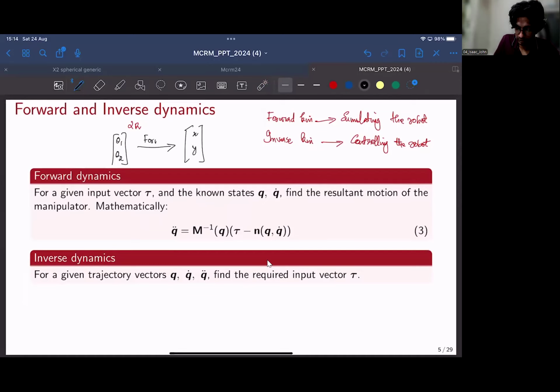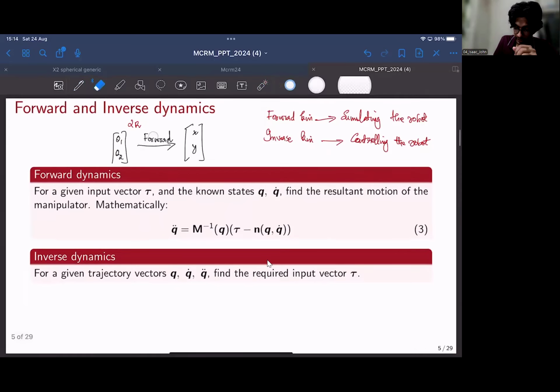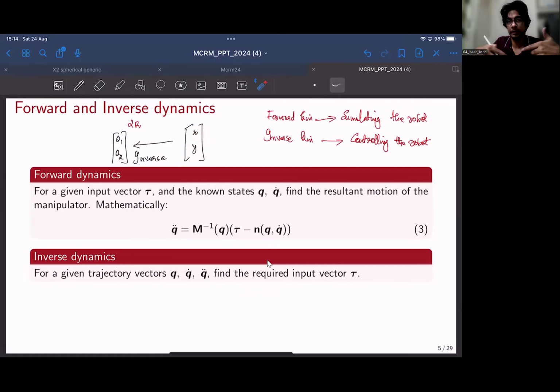This problem is what we call forward kinematics, just to see how the robot moves depending on how you change the input. Whereas in the case of inverse kinematics, you would give desired task-based coordinates, x desired and y desired. And if you want your robot to realize these final coordinates, what should be the inputs that you should be giving to the robot joints?